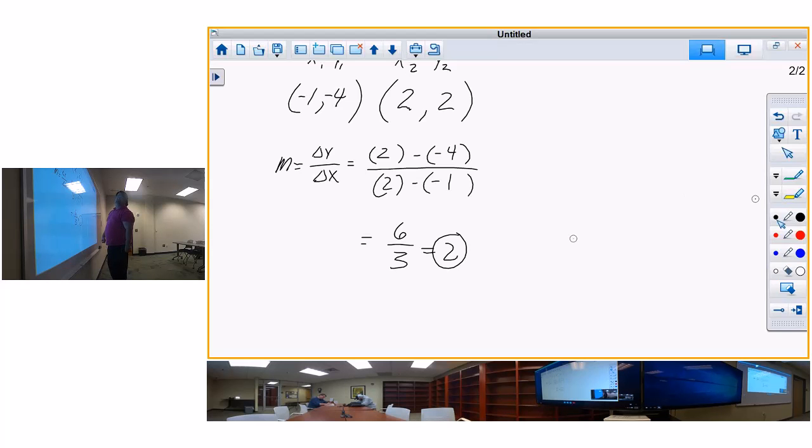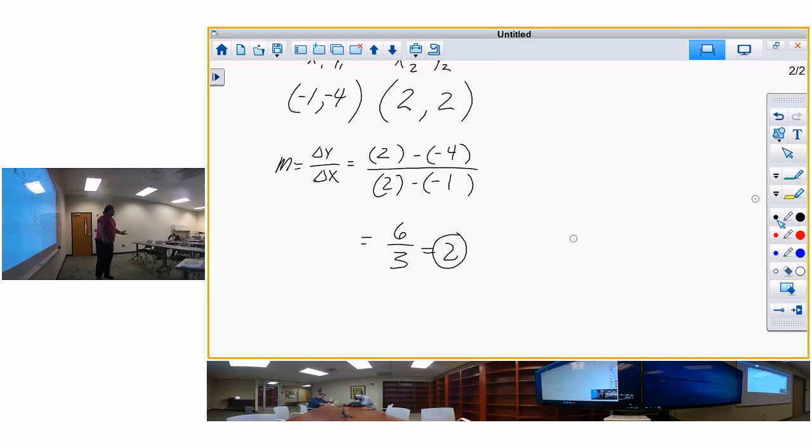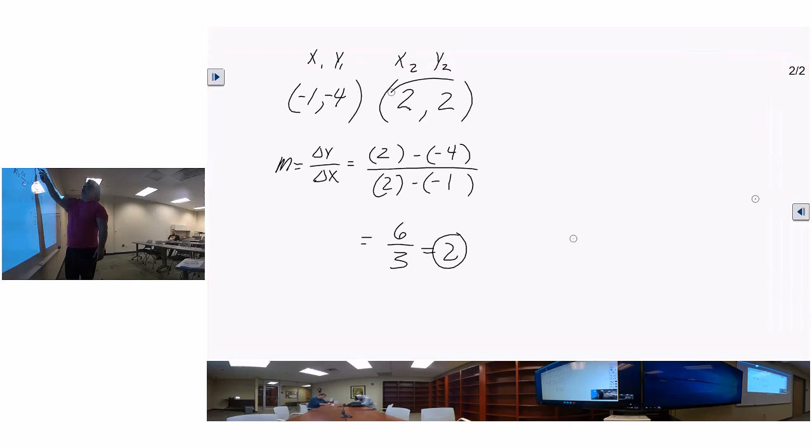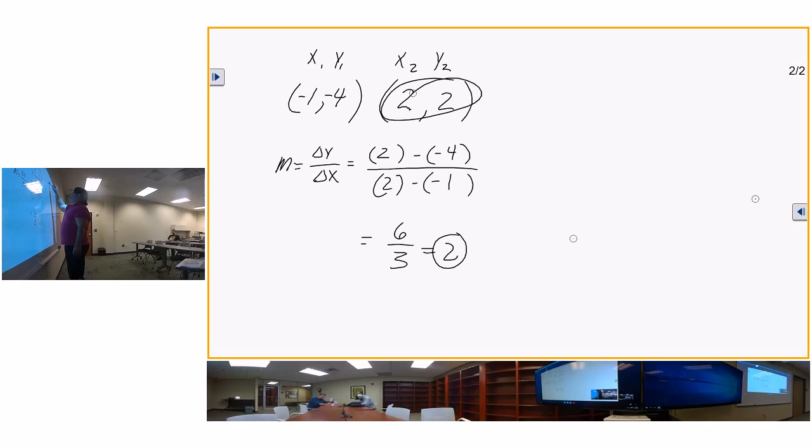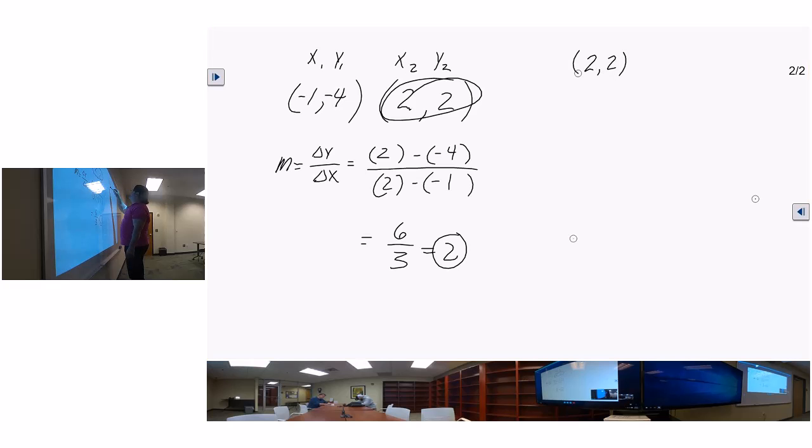Which one am I going to pick? 2, 2. Why am I going to pick 2, 2? Because they're positive. Unless you like whips and chains, why would you pick a negative or a fraction? You don't want to do that. So I'm going to pick this point, 2, 2. That's x sub 1, y sub 1. And m is equal to 2.